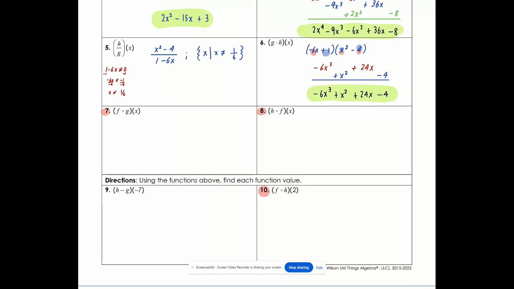And then you're going to do one where you're subtracting, and then you're plugging in a value. And then you're going to do one where you do composition and you plug in a value. So that is your homework tonight. Numbers 7, 8, 9, and 10. 4 problems. And like I said, you got a good solid 15 minutes to do it.